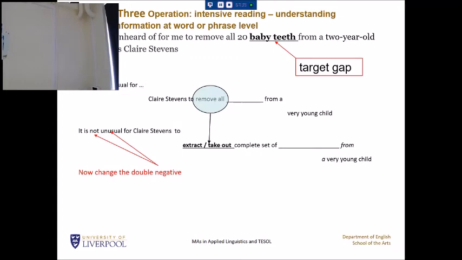You've got to think out of the box here and think of a completely different grammar for it. Who is the sentence about? Claire, okay? Claire Stevens. So let's start with Claire Stevens as the subject.